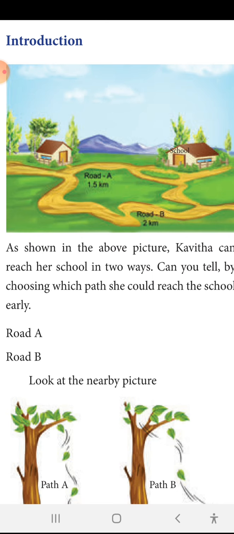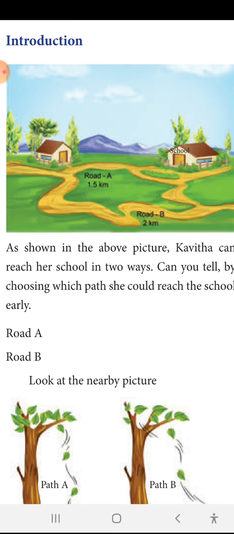So what is the distance you are traveling from house to school? Using road A, 1.5 kilometers, and using road B, 2 kilometers. So you are displaced from house to school. The distance you walked or cycled is 1.5 kilometers or, using the other road, 2 kilometers.